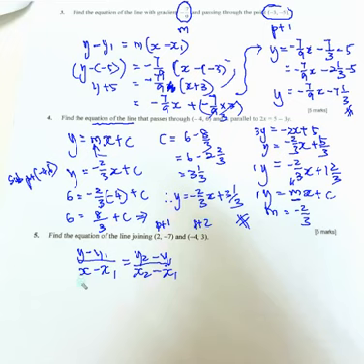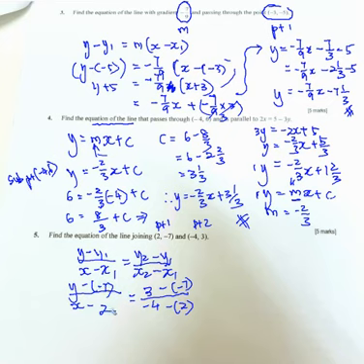So we substitute y point 1, which is minus 7, over x minus x1, which is 2. Then y2 is 3, x2 is minus 4, then minus y1, which is minus 7, and x1 is 2.